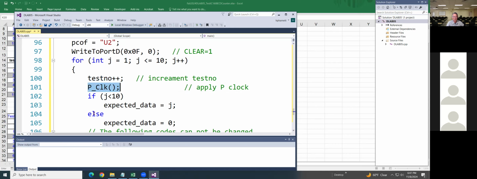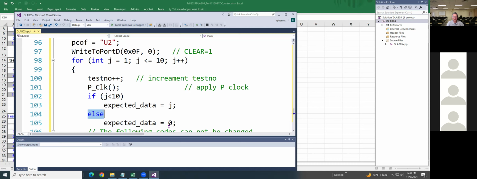Now, if it's less than 10, that means they go 1, 2, 3, 4, 5, 6 up to number 9. Then you want the output to be 9. 1 to 9. That's why you say expect equal J. Otherwise, that means J equal 10.